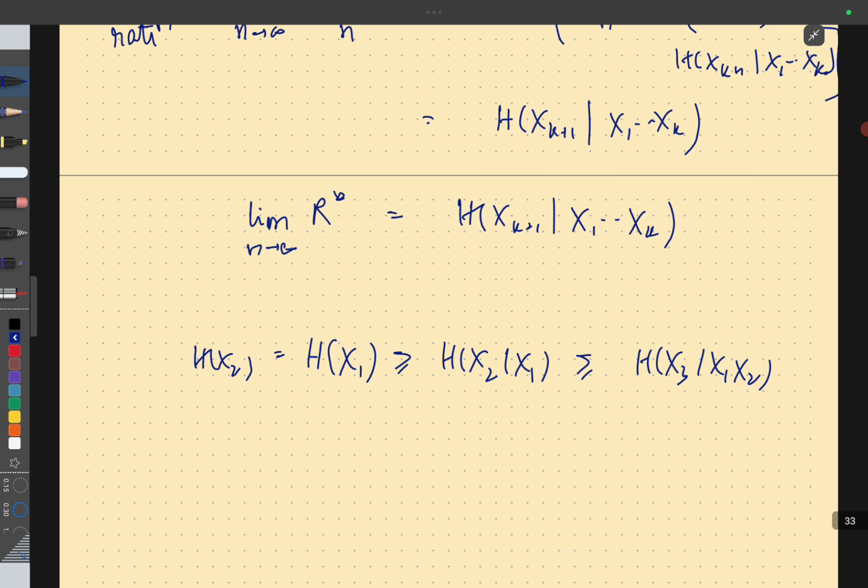So there's strong empirical evidence to suggest that text drawn from any reasonable language like English behaves like a stationary source. In fact, something more, it behaves like a stationary and ergodic source. All right? Any question?